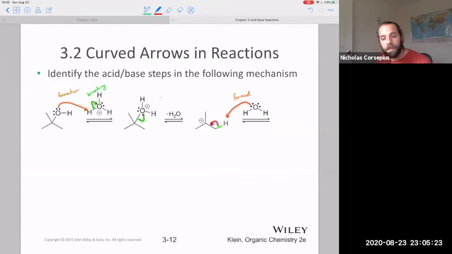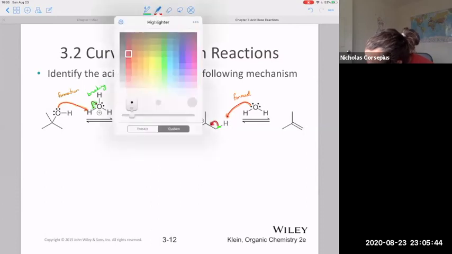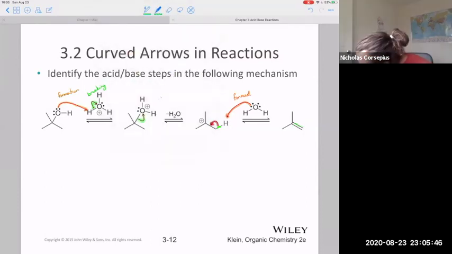So the pair of electrons that was being shared between carbon and hydrogen are now being shared between carbon and that carbocation. And so that's creating a double bond right there, right? Again, this pair of electrons here used to be in this carbon-hydrogen bond.